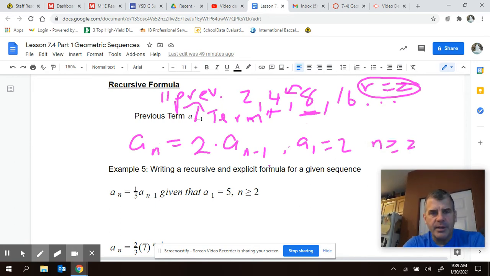How does this generate the sequence? Well, put in the previous term, or in this case, the first term, excuse me. We've got to put in the first term to find our next term. So the second term is going to be found by taking 2 times that first term.